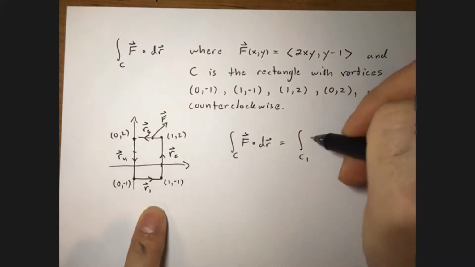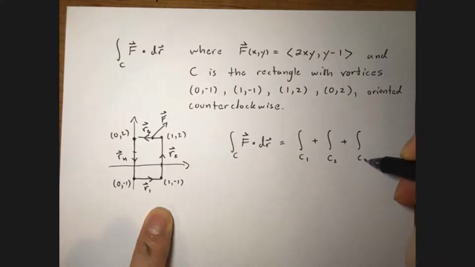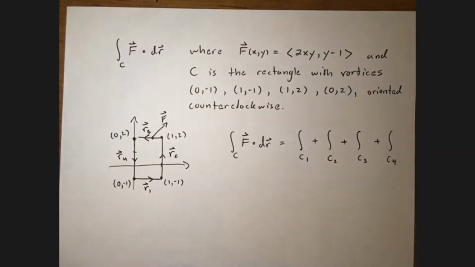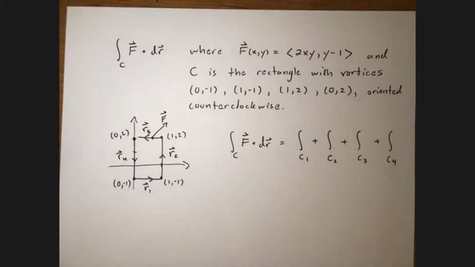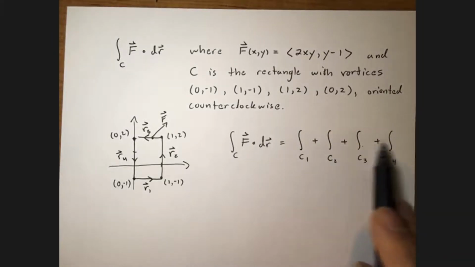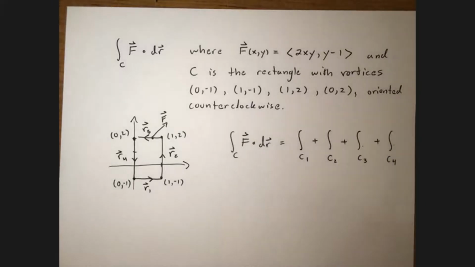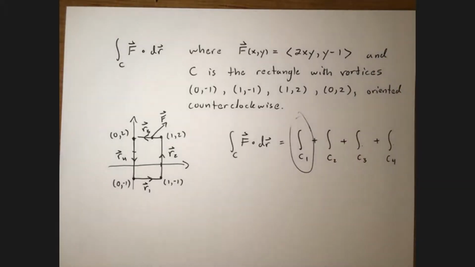And then we're going to integrate along C2, and then C3, and then C4. I could have labeled these C1, C2, C3, C4, but I drew my picture too small and there's no room left. I also should be writing this integrand each time, so I'm being sloppy. I'm just sketching out the main ideas. We're just breaking it up into pieces. So first we're going to work on this first integral.